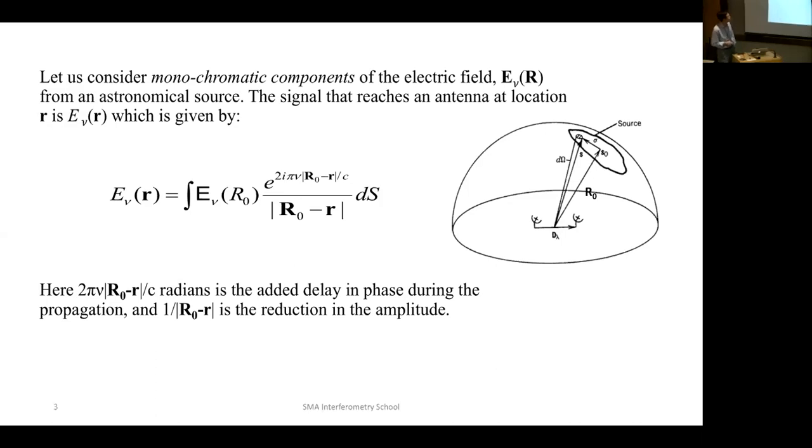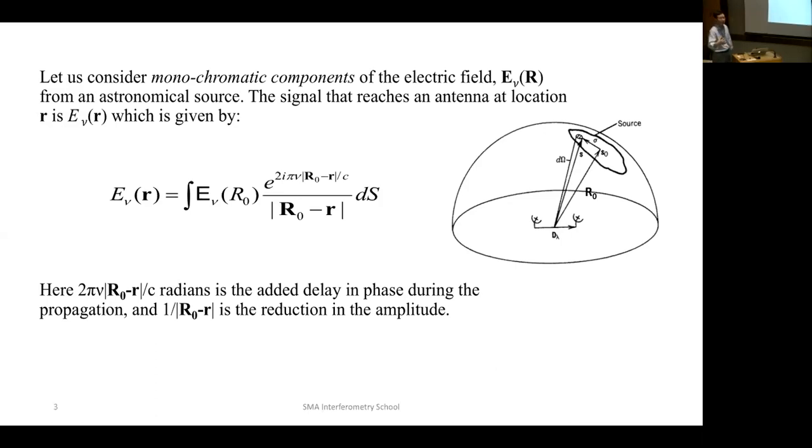So then you have this scalar component of the electric field, which is really the electric field at the source modified by a propagation factor. Here you have 2 pi nu times R naught minus small r, which is just the delay divided by the speed of light.